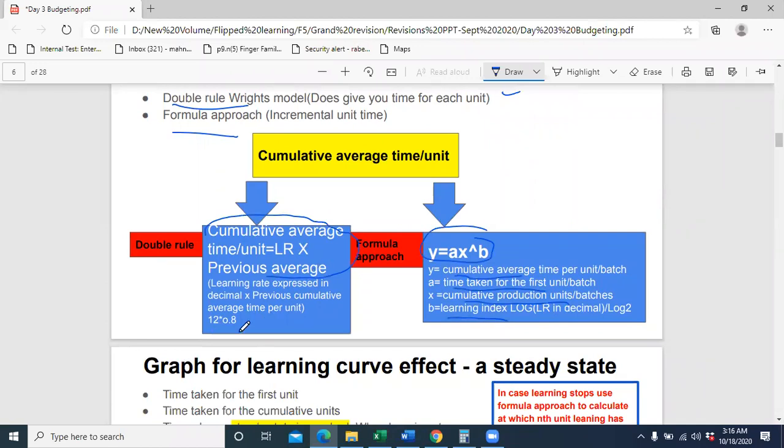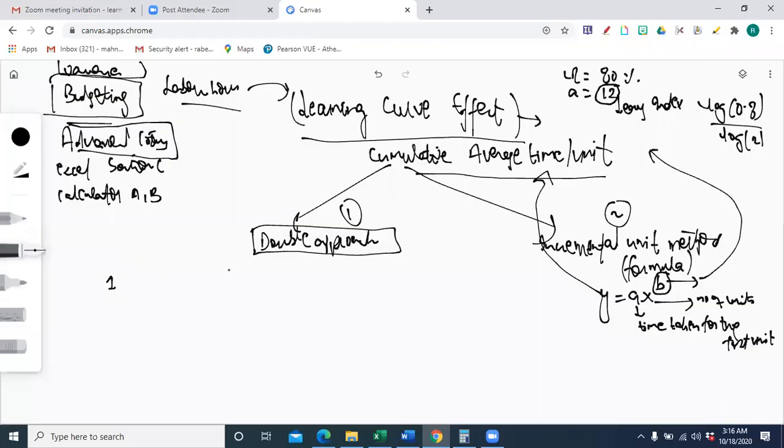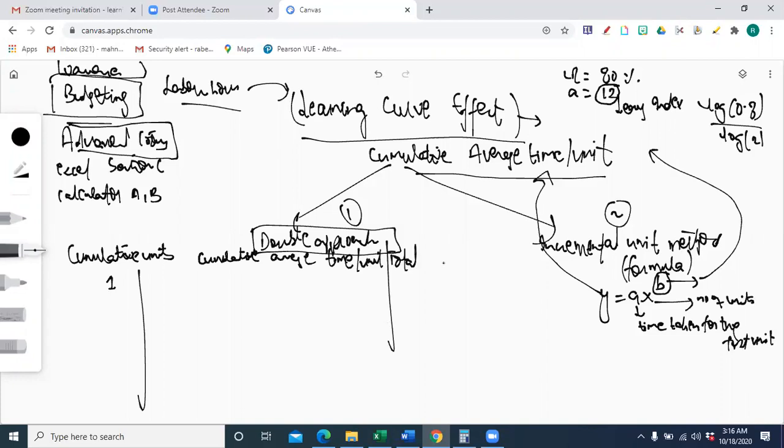Okay, for example, you need to remember the format. Here I'm taking the cumulative units. And then here in the second column I'm going to calculate my cumulative average time per unit, and then in the third I'm going to calculate my total time, and then I'm going to calculate my incremental time.